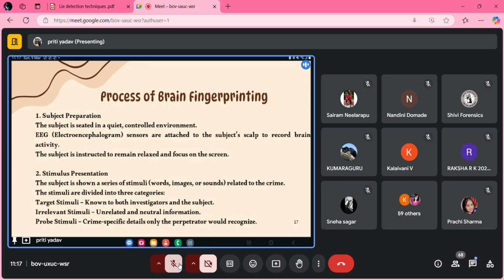Then in the next phase, that is stimulus presentation, a series of stimuli related to the crime are shown. These stimuli are categorized under three: target, irrelevant, and probe. Probe is the most important stimulus because it is directly related to the crime and only the perpetrator would recognize it.